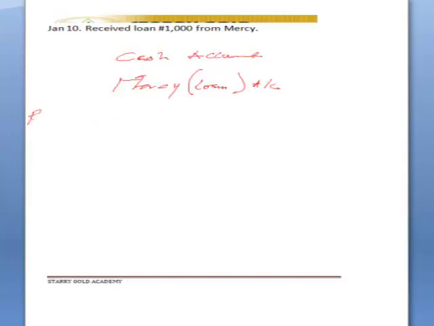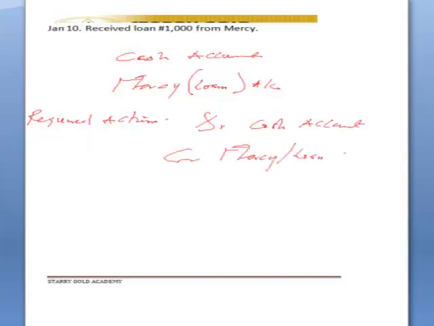So the required action is that there is an increase in cash. So we shall debit cash account because cash account is receiving that amount, and credit whichever name you decided to use, Mercy account or loan account. What will be the effect? There is an increase in assets, which is cash.